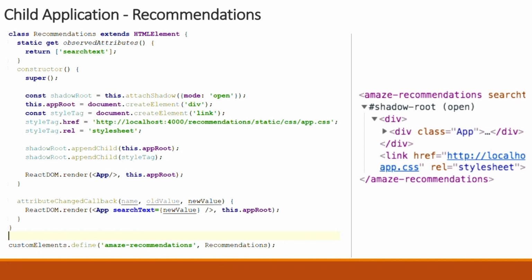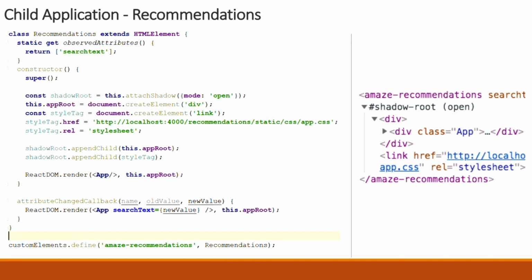When I deploy this child application, I deploy 2 files. One is the JavaScript and one is the styles. So when we register this web component, it knows where to get the style sheets. You can change this URL, get the web styles and then append this style tag so that it comes here. So this style sheet is fully insulated within this recommendations. It will not leak outside.